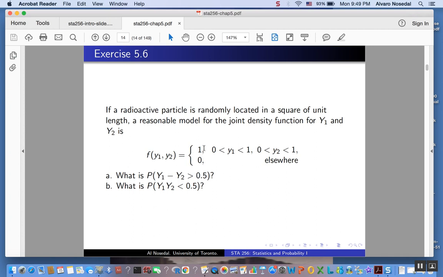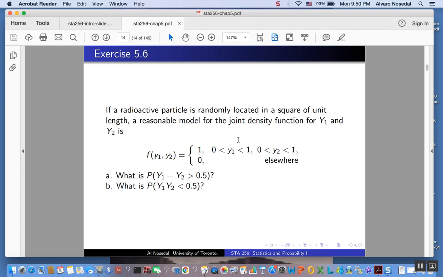It's going to be 1, just a constant, for all combinations of y1 and y2, where both y1 and y2 are restricted to be numbers between 0 and 1. Since we're talking about all possible combinations of these guys, y1 and y2, a mathematician would say that we have the Cartesian product.